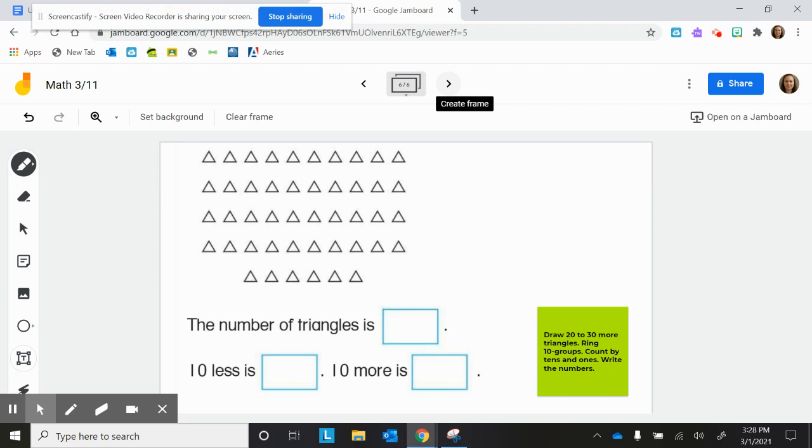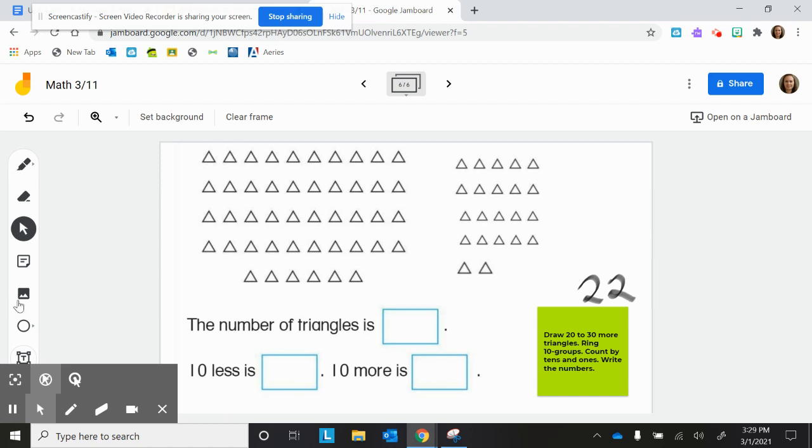I am going to pause this video and draw some more, but I want you to draw 22 triangles. Can you draw 22? Pause your video, come back. I'm going to draw my triangles, 22, and you draw yours very neatly. Okay, pause the video. Go draw yours.